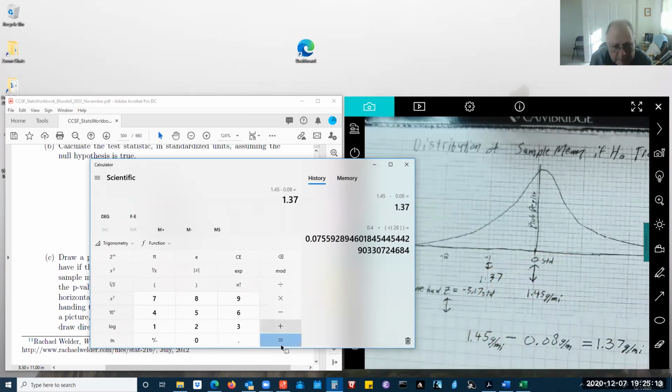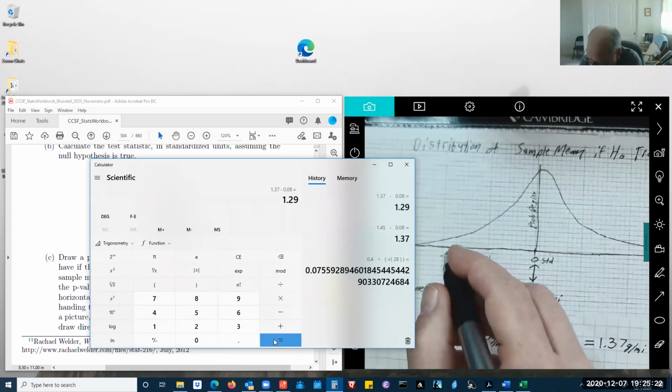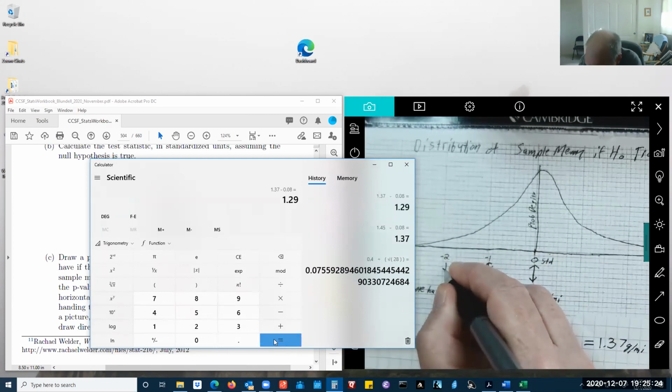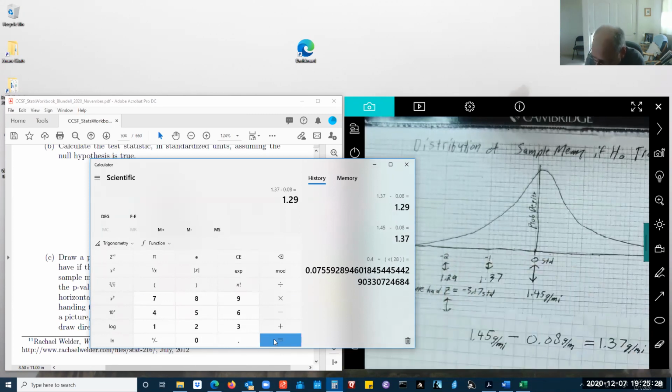Okay. Or if I subtract 0.08 again, I get 1.29 grams per mile, and so forth.